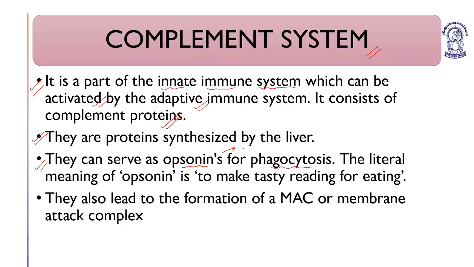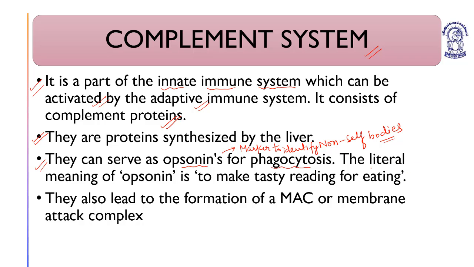Opsonins means they help as a marker to identify non-self bodies. So these complement proteins actually help to represent to the different cells of the immune system that these cells are to be phagocytosed, they are not part of our body.